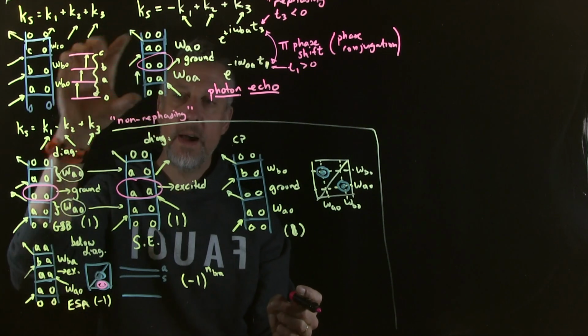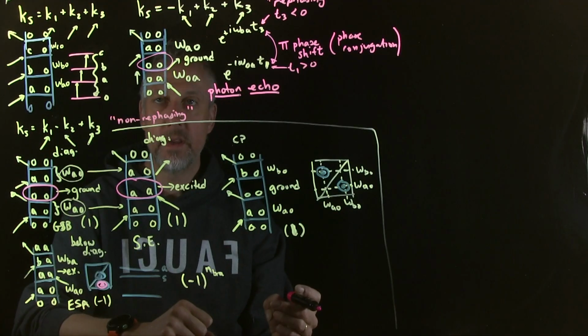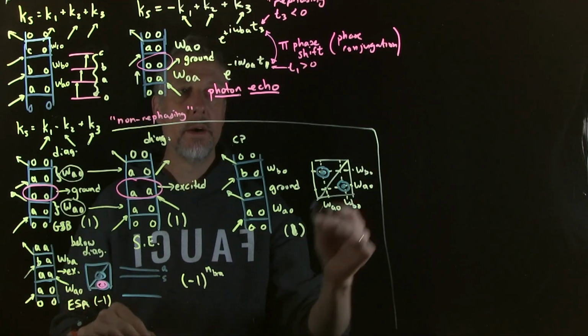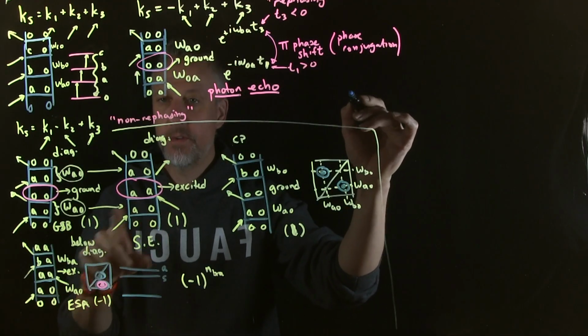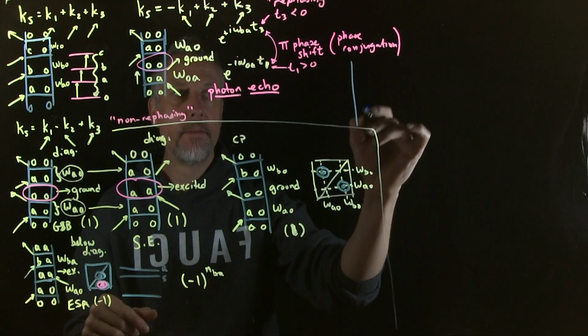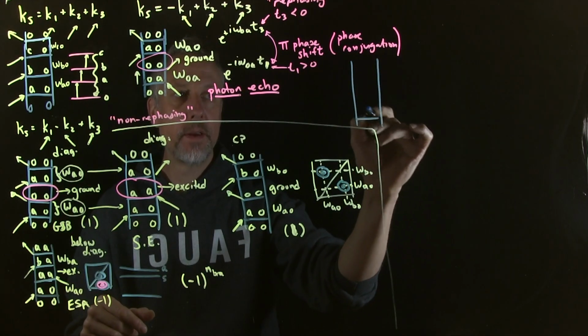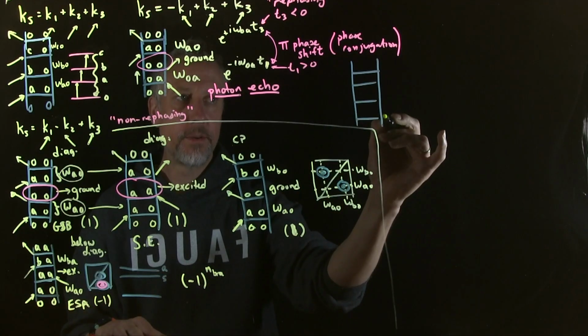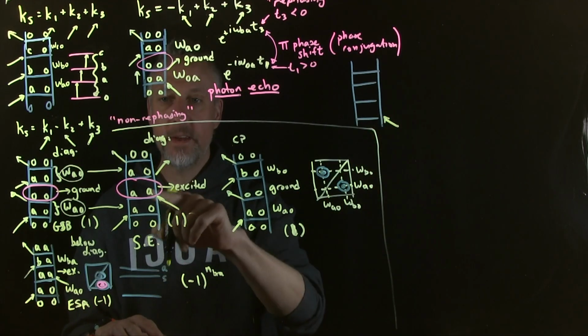All right, so that's one of the pathways that corresponds to this sort of ground state bleach. Let's look at all the other ones. All right, so we have the excited state absorption. Let's just do this one here. The stimulated emission pathway. All right, so it's going to go up. We need to make an excited state population.